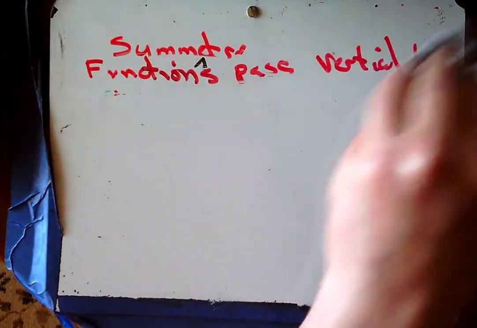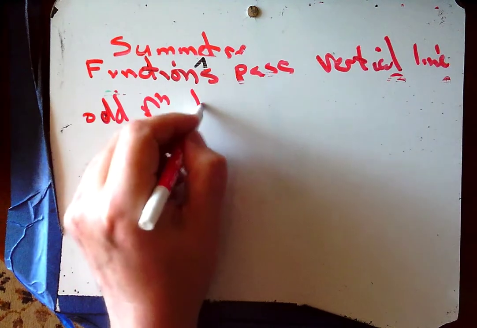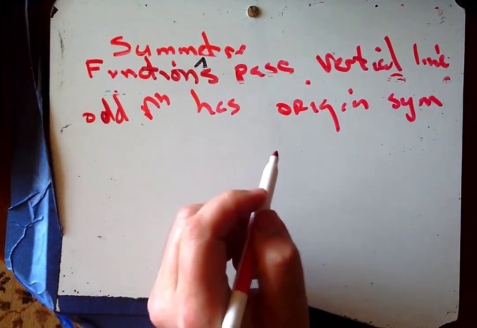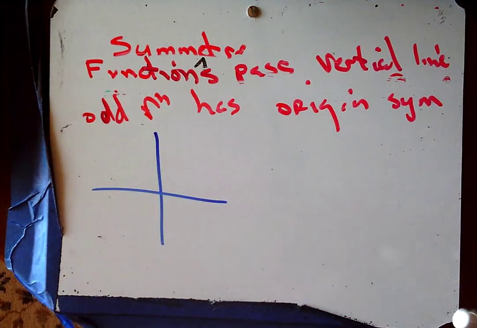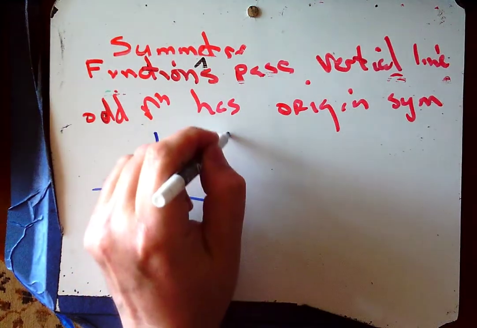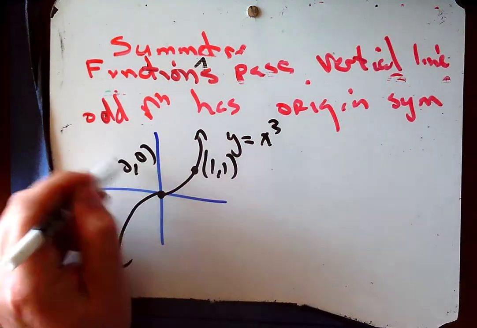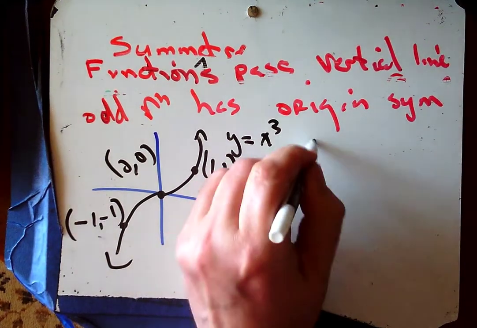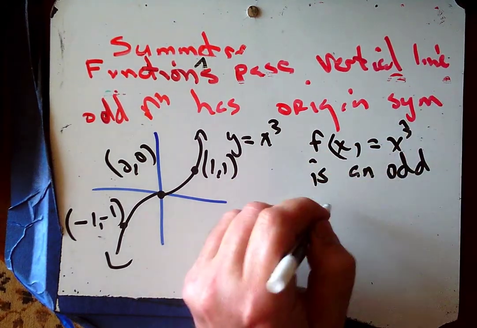Next, odd function. An odd function has origin symmetry. So when I look at our friend y equals x to the third, I see origin symmetry, and therefore I know that f of x equals x to the third is an odd function.